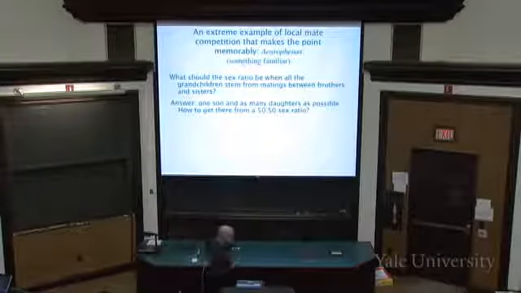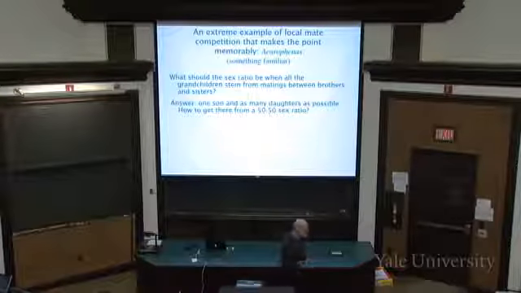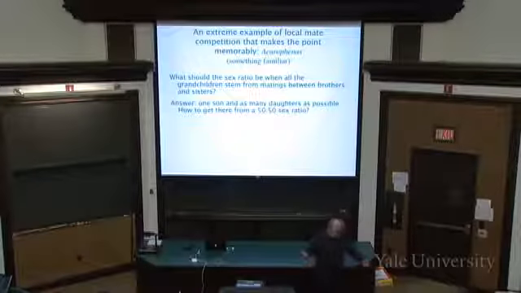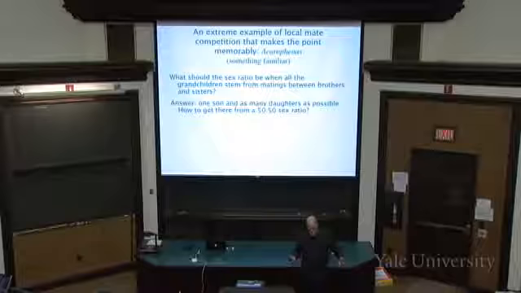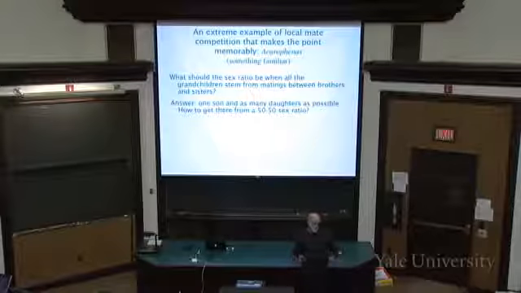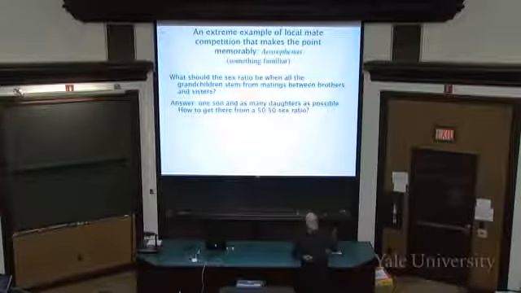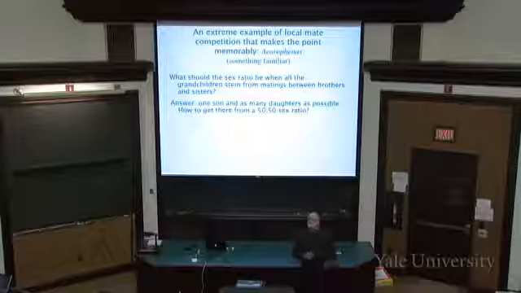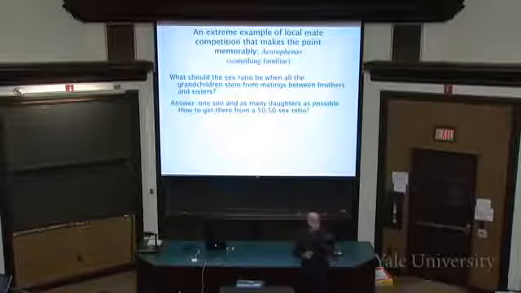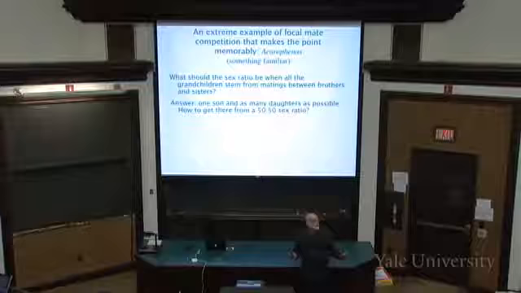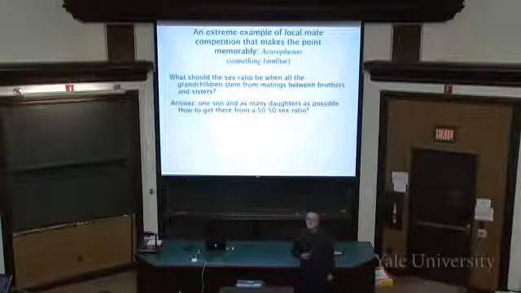If the fecundity of this creature, it's a mite usually, or sometimes a wasp, might be, say, 20 offspring, and it was at 50-50 sex ratio, then the average mite in the population would be making 10 sons and 10 daughters.